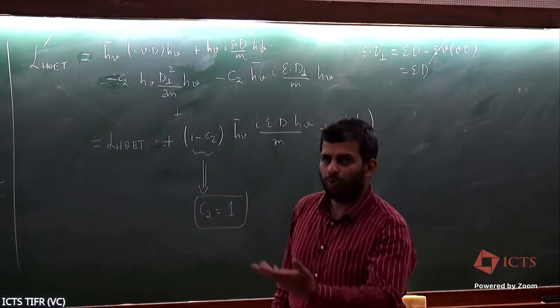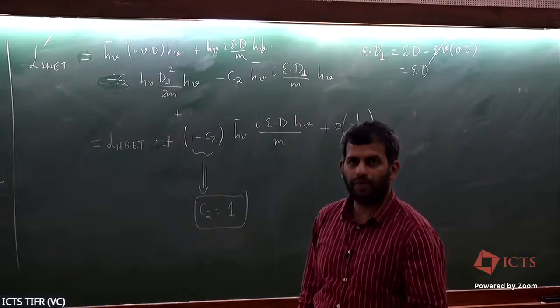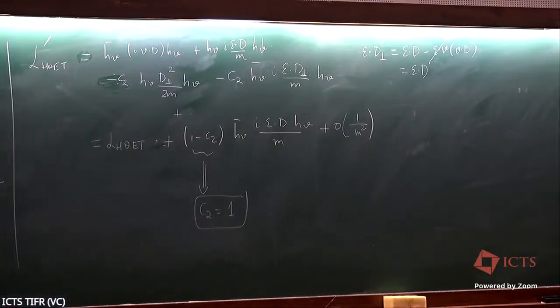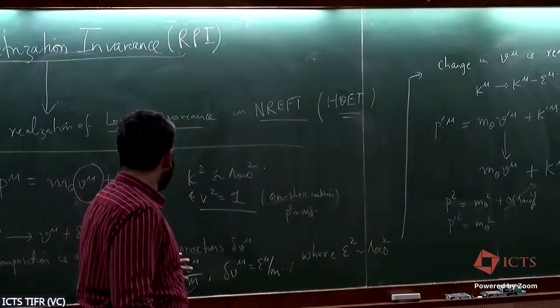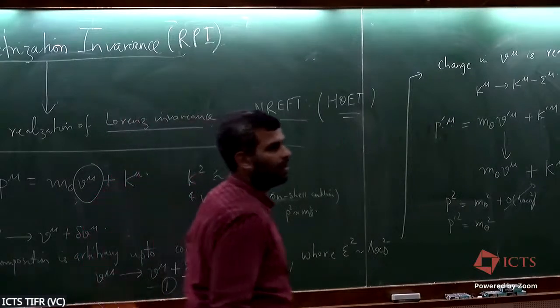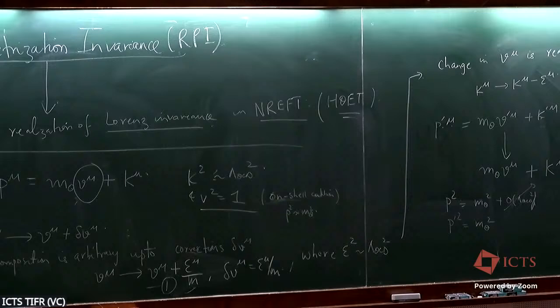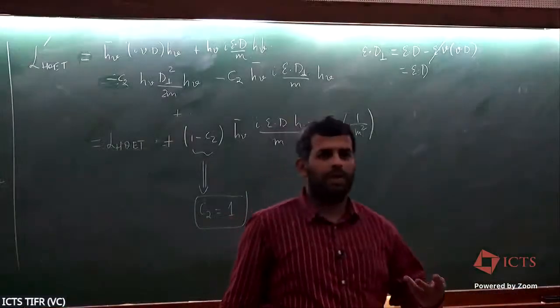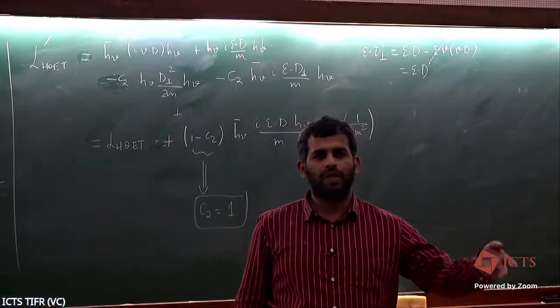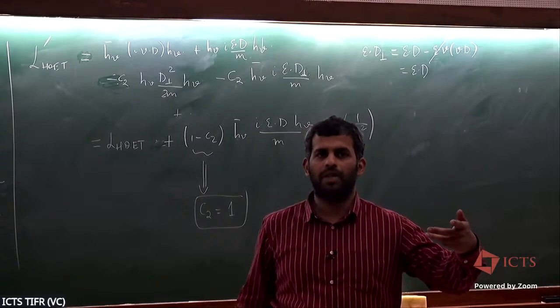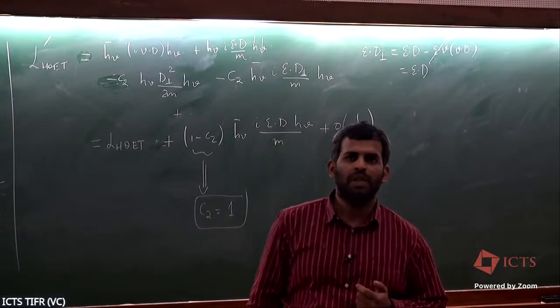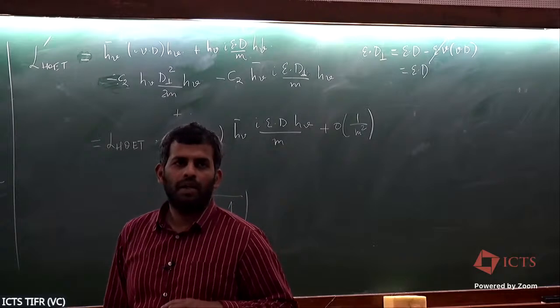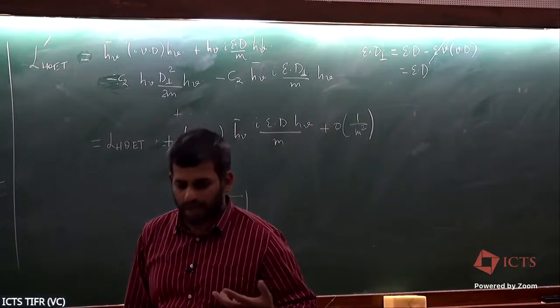But if you go to 1 over m squared, which will require a bit of tedious work, you have to notice that the transformation of the v mu also depends on 1 over m. So v transforms as some epsilon mu divided by m. And so when you do the 1 by m squared conditions for the HQET Lagrangian, the 1 by m terms in the Lagrangian can mix with the 1 by m squared terms. Again, we would demand that the HQET Lagrangian is invariant.